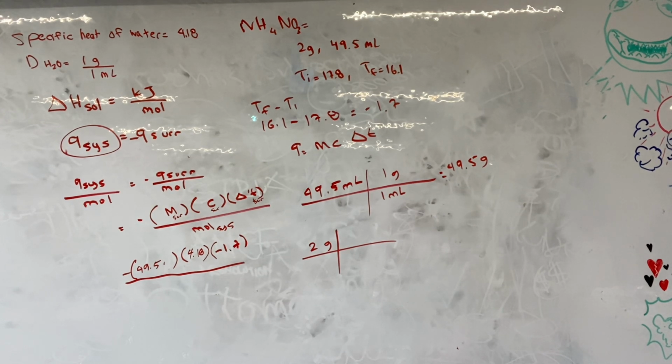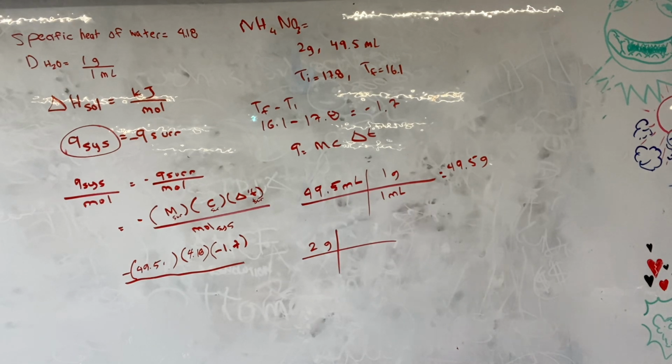Nitrogen is 14.01. NH4: hydrogen 1.08 times 4, plus nitrogen 14.01, plus oxygen 16 times 3.